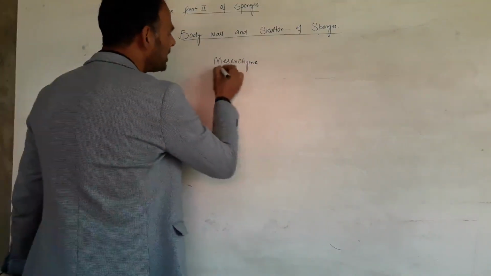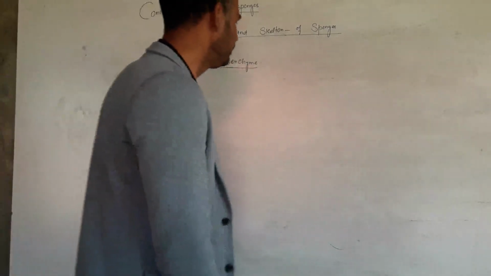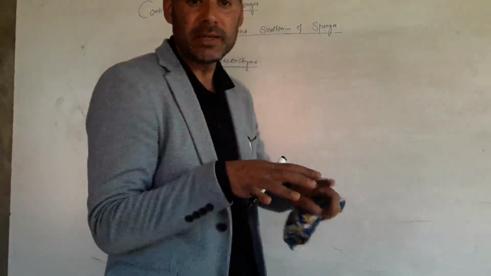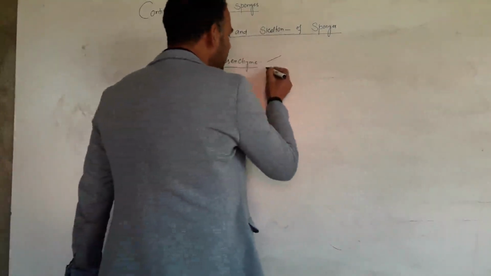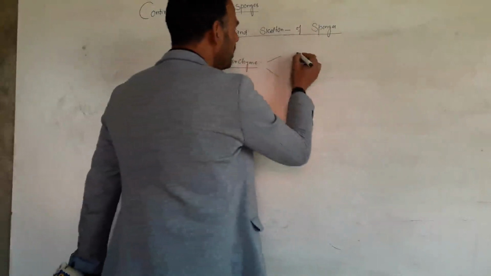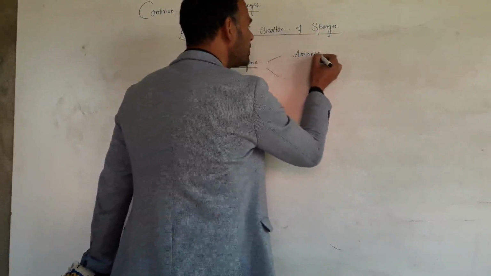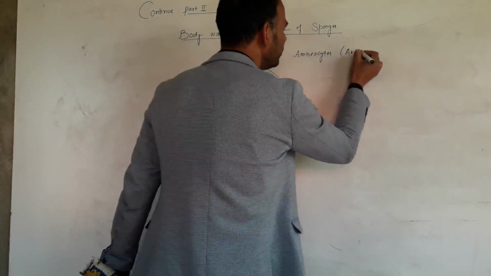Mesenchyme. What is mesenchyme? Mesenchyme is a non-cellular gel-like layer that is present between the pinacoderm and the choanoderm. This mesenchyme contains different types of amoebocytes, which are also called archaeocytes.